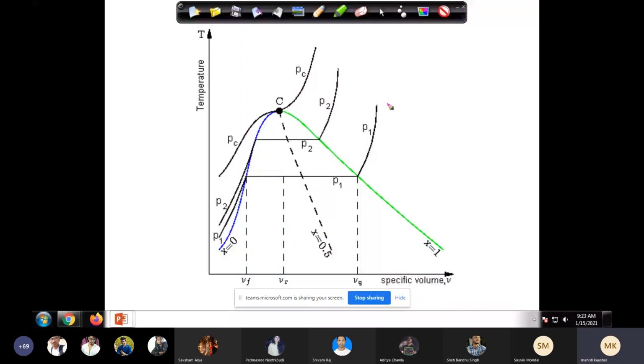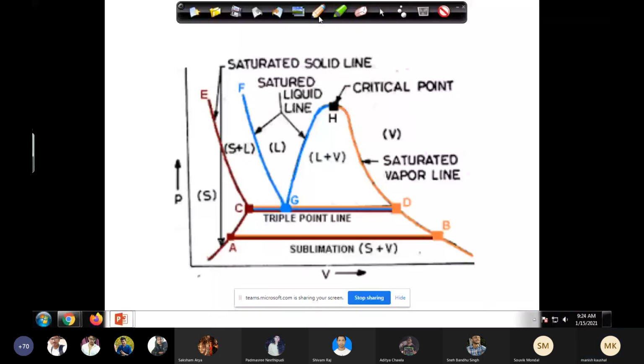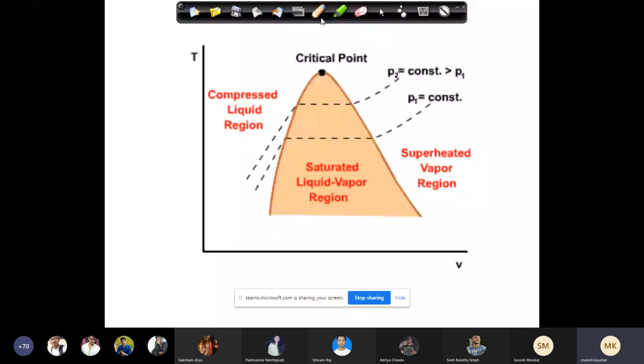Same thing. Okay, just a more informative diagram. So this, as I told you, is the superheated vapor regime, so there is no mistake. You have to be very careful while running this whiteboard. So this is the superheated vapor regime.